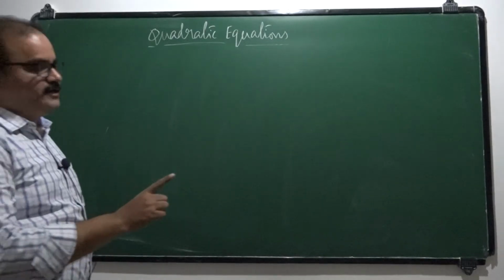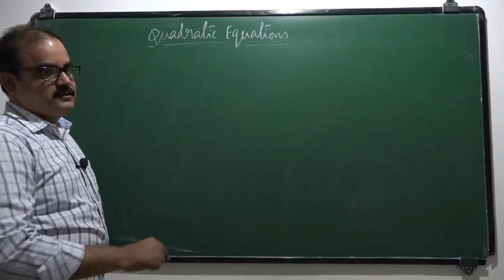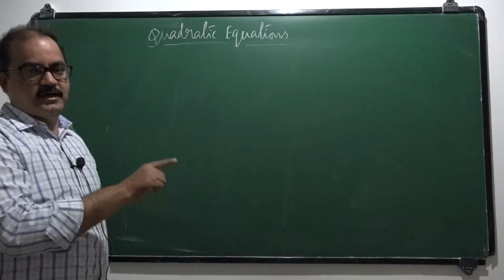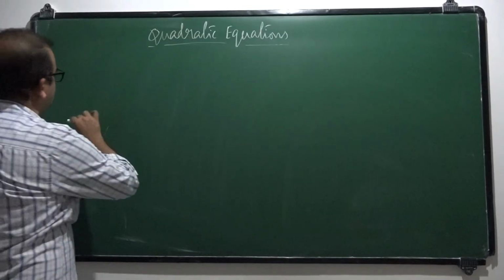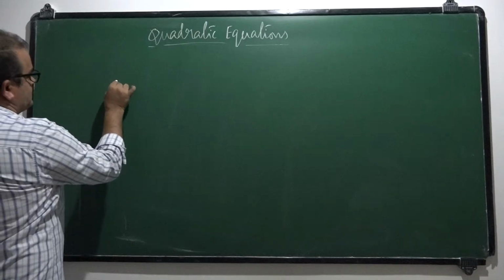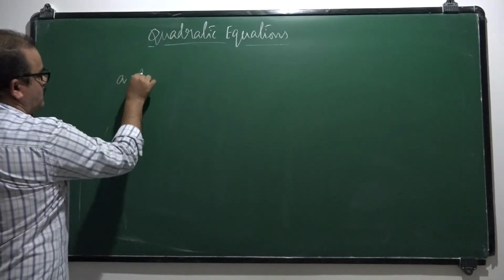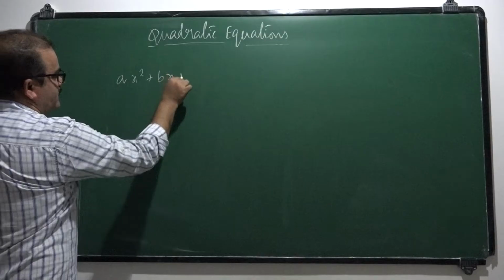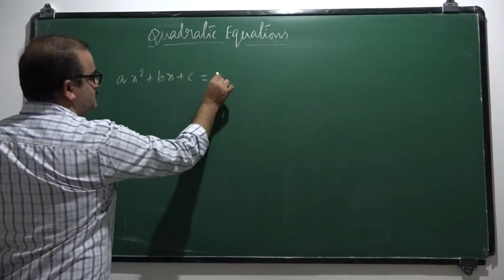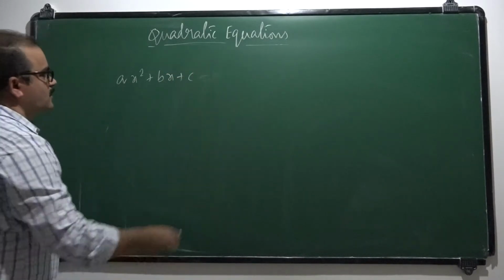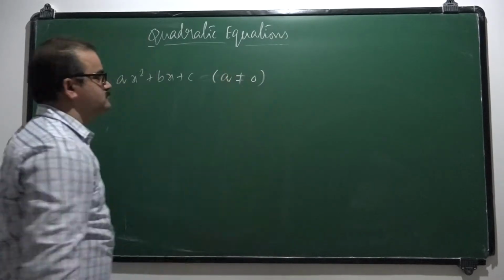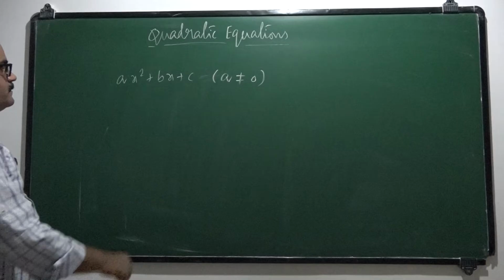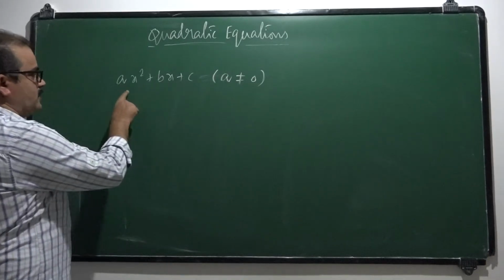First of all, we discuss what is meant by quadratic equation and what is meant by quadratic expression. An expression in the form of ax square plus bx plus c, where a not equal to 0, is called quadratic expression.